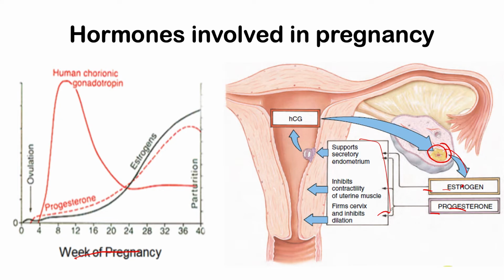On the other hand, your progesterone also aids with that, and in addition, it inhibits the contractility of the uterine muscles and firms the cervix and inhibits dilation. Okay, so those functions are very important para ma-prepare yung uterus ninyo for this developing embryo.